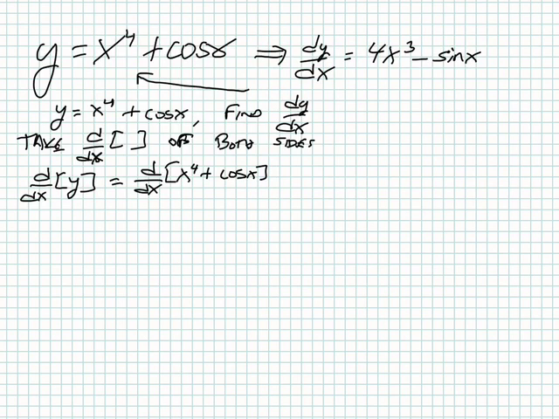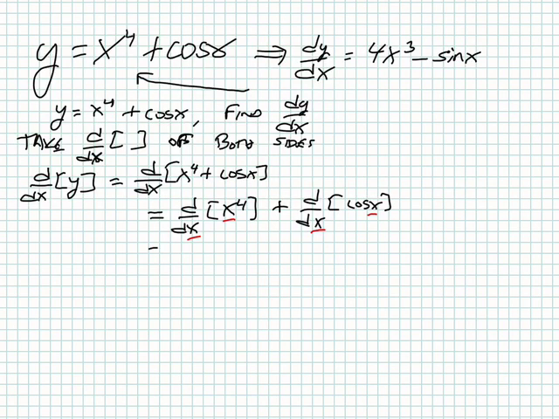All right, let's deal with the right-hand side first. So this right-hand side, I can distribute the derivative for sums and differences, never for quotients or products. And because the variables are the same, they're both x's, I'm technically using the chain rule, but I don't actually have to write it out.